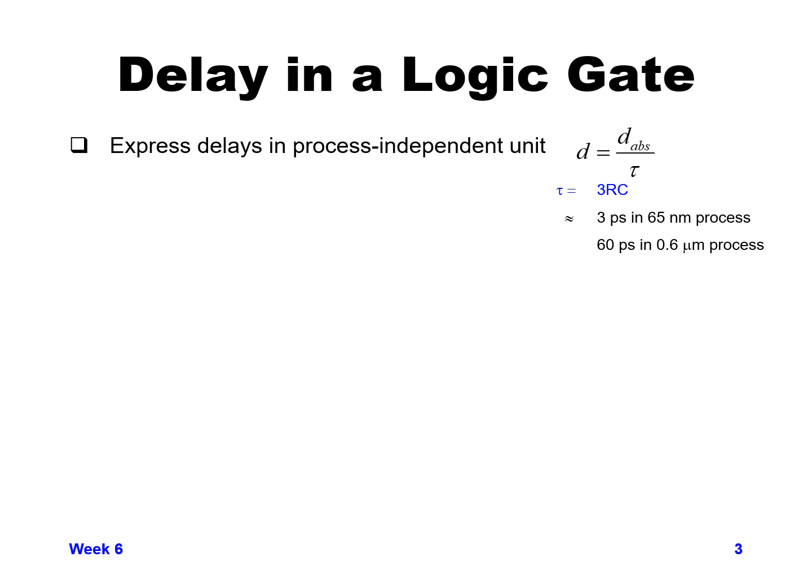load on it. So just for example, that delay in a 65 nanometer process would be 3 picoseconds, but in a 0.6 micron process or 600 nanometer process, it would be 60 picoseconds. So in both cases, a D of 1 would be a normalized delay of 1 inverter delay on that process with no load on it.